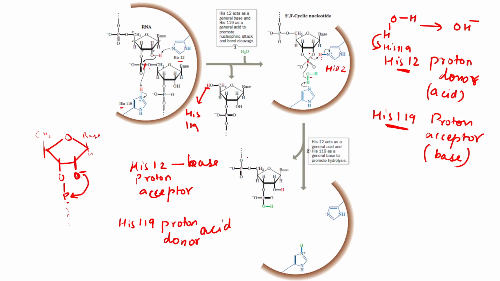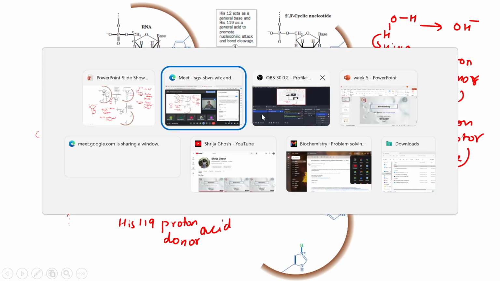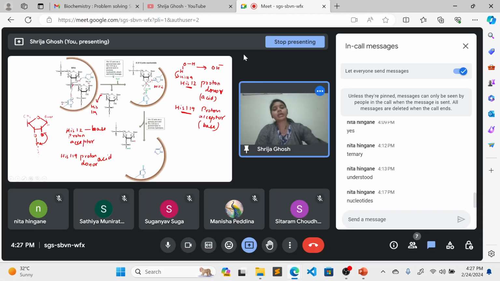Okay, so the molecule will revert back to its original form and there will be a bond breakage. Okay, so this is how ribonuclease, or we call it in short RNase, acts. RNase basically breaks down the RNA molecule into its individual nucleotides.